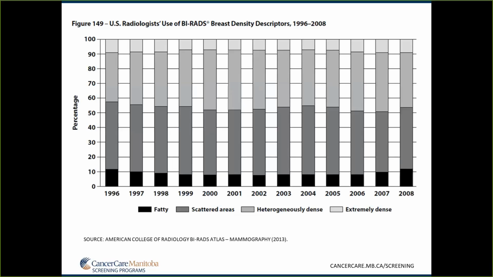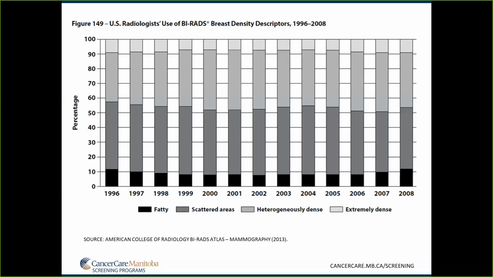Next, we have a chart that the American College of Radiology also published, which just shows the relative stability of breast density category proportions within the general screening population over a period of time. They looked at the categories over a 13-year period, and as you can see at the bottom of the bar graphs, the dark or black area represents their category A, and that within this, the percent of the population would be approximately 5 or 7 up to 10%.